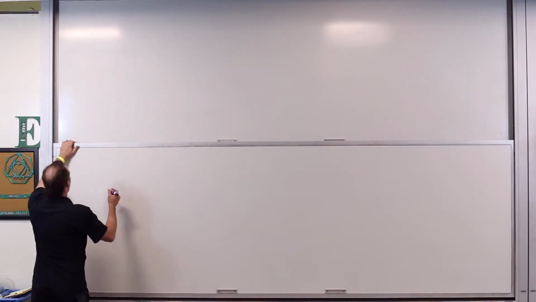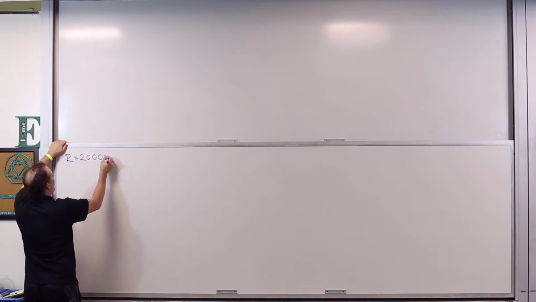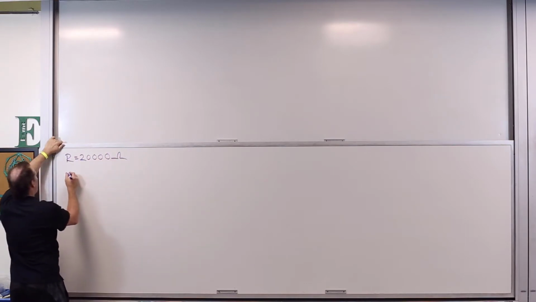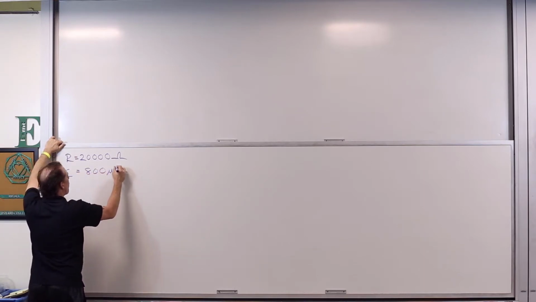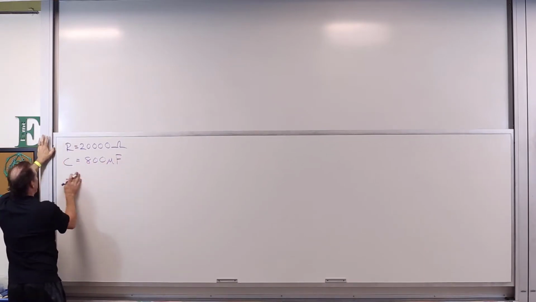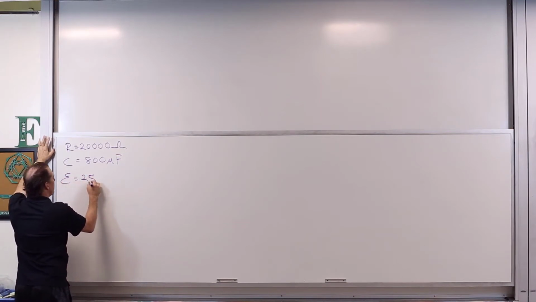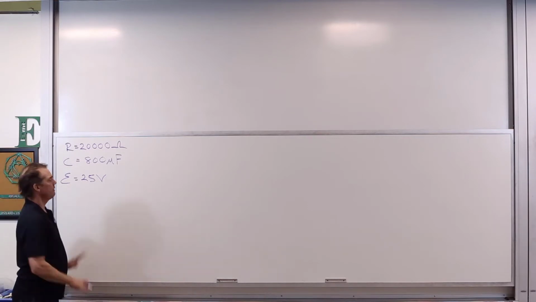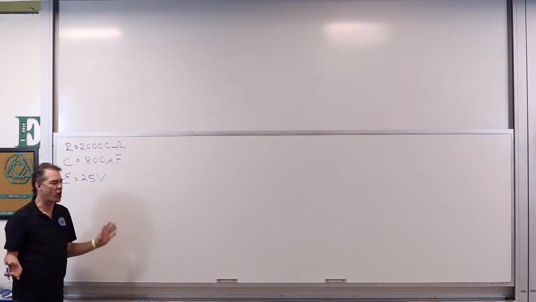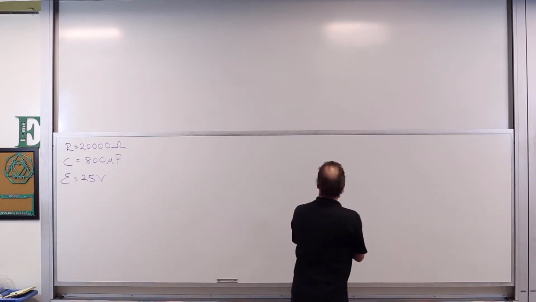All right, so we're going to take a resistor that has a resistance of 20,000 ohms and a capacitor that has a capacitance of 800 microfarads. And we're going to connect them to a source potential that has potential difference of 25 volts. And initially, the capacitor is uncharged, as stated, and we just want to know some things about what's going to go on here.